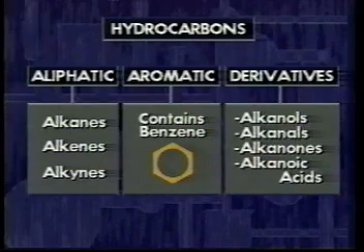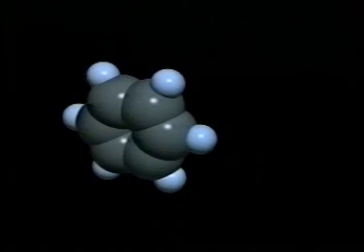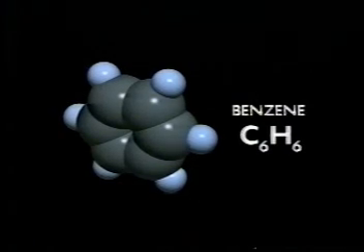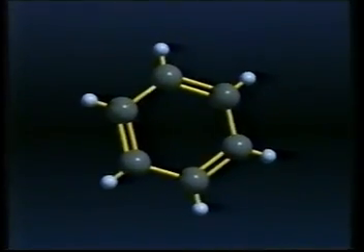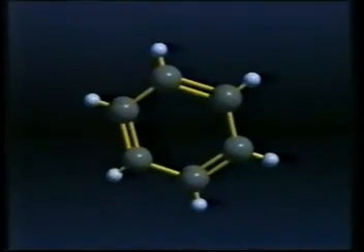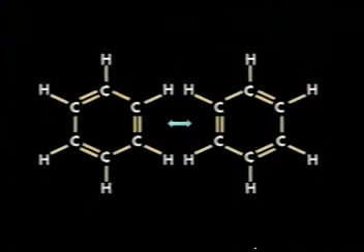Now we're going to look at the group of hydrocarbons called the aromatics. This branch of organic chemistry is based on the benzene ring. The structure of the benzene ring has intrigued and baffled chemists for many years. At first it was thought that in benzene there were 3 double and 3 single bonds, but now it is known that the 6 electrons of the 3 double bonds are shared equally by all the carbon-to-carbon bonds.